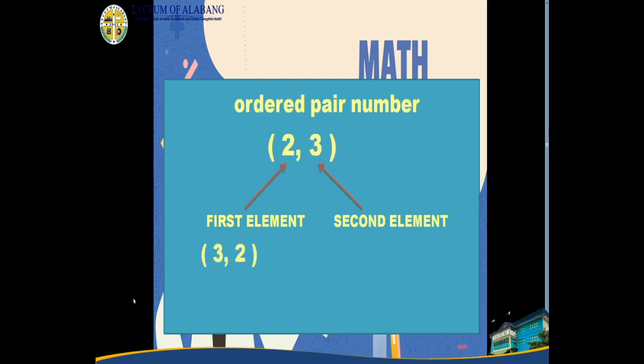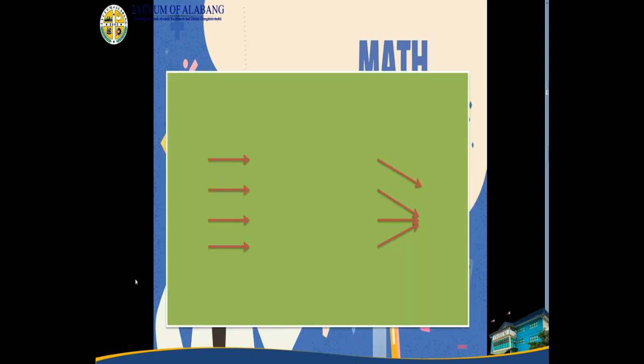The pair 3 and 2 is not the same as 2 and 3 because of the different ordering. Sets of ordered pair numbers can represent relations or functions. Another example of relations.